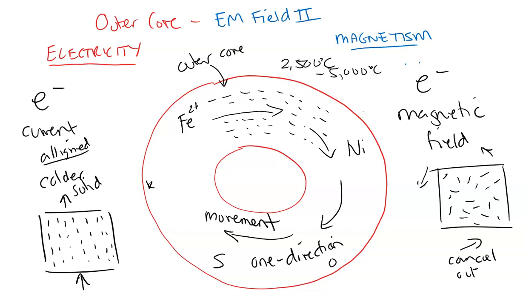We'll get to that in the next video, what actually happens to the EM field because of this. But this is how it's generated. The iron is molten, therefore it's moving in a liquid phase, flowing through convection and the Coriolis effect, and the alignment and organization is caused by the movement, therefore creating this EM field, which is pretty awesome.